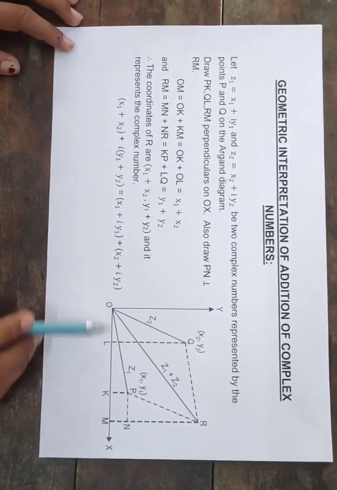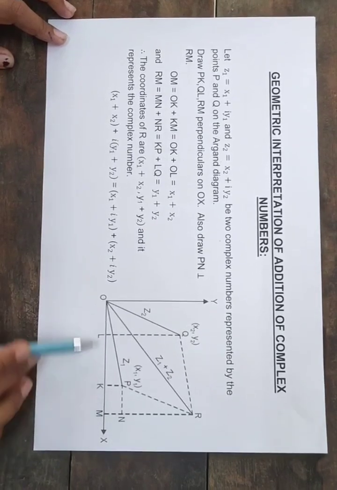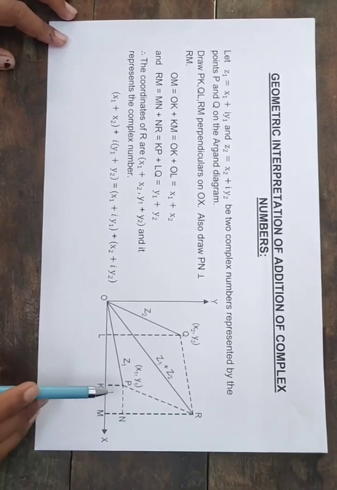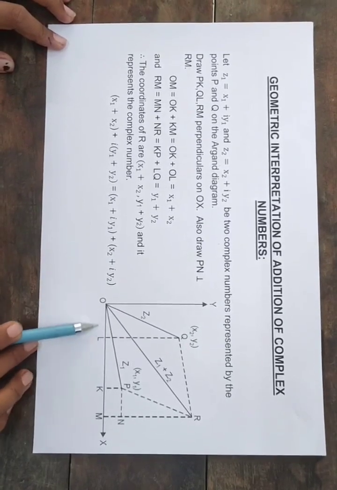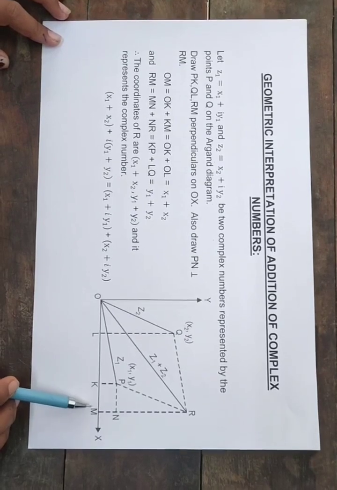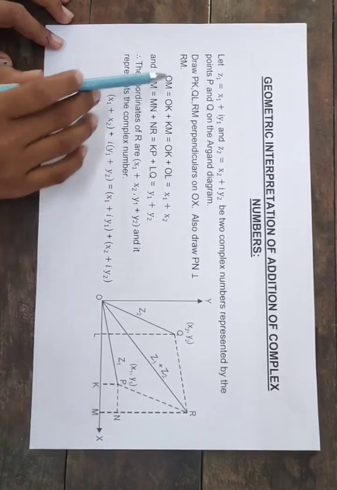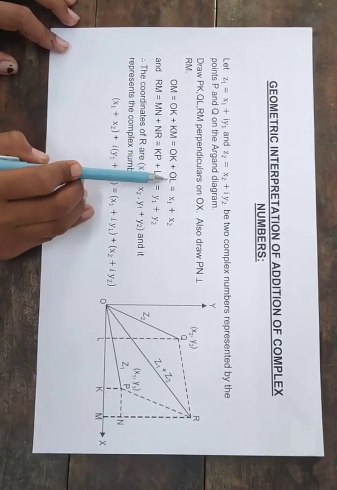Then we take OM. The distance between O and M is the addition of OK plus KM. KM and OL are of equal distance, so we can take KM equal to OL. So OM is equal to OK plus KM, which is equal to OK plus OL.